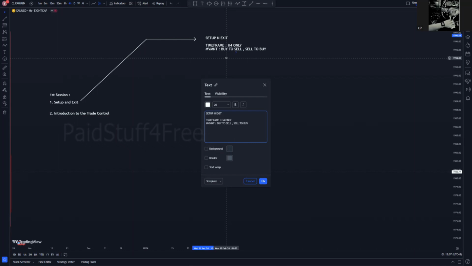Of course, if you are taking a buy on the buy setup, you are going to exit on the sell setup. If you are taking a sell setup, you're going to exit on the buy setup, and it keeps repeating like this, from buy to sell, then sell to buy again.